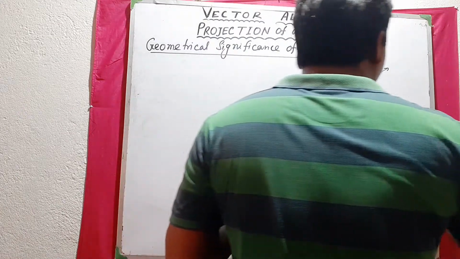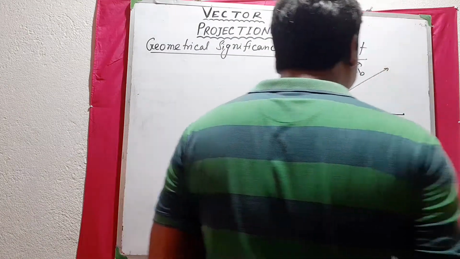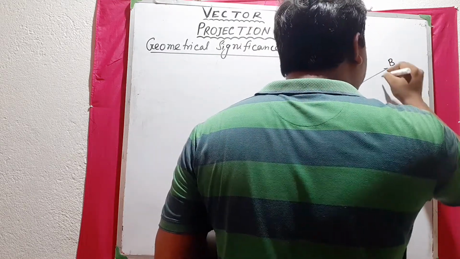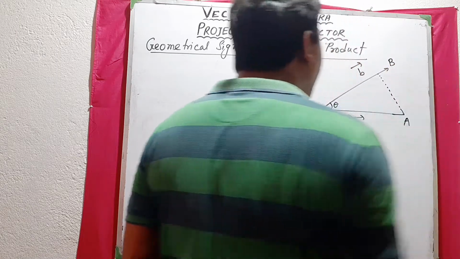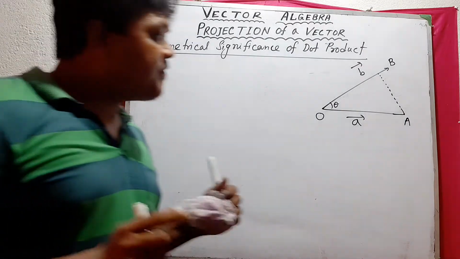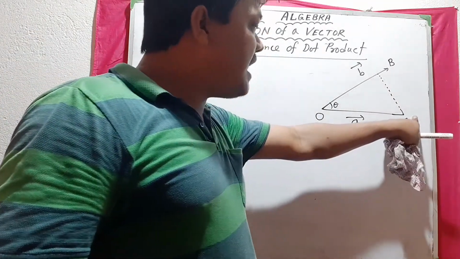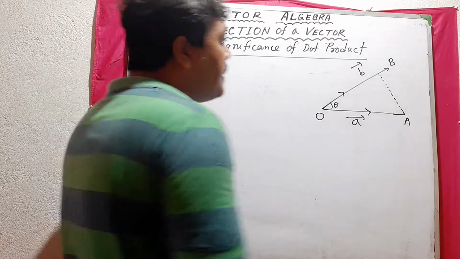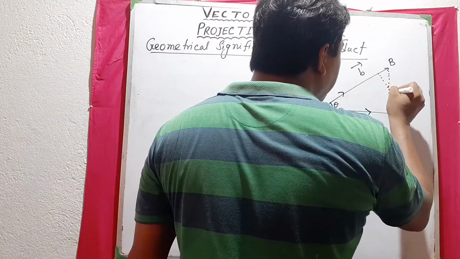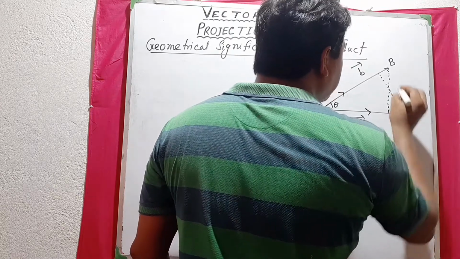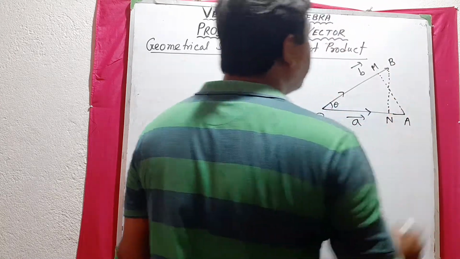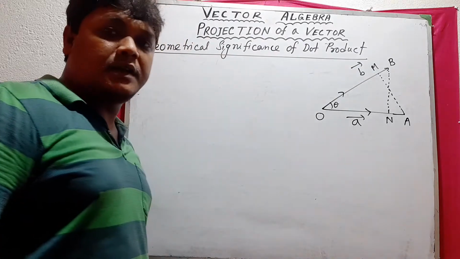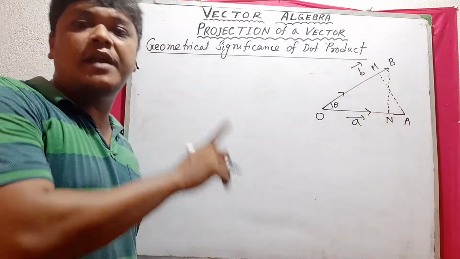Okay, we draw a perpendicular from, so this is O, A and this is B. We draw a perpendicular from the point A on the vector B. That means we drew a perpendicular from the terminal point A of vector A onto vector B. Similarly, from vector B we drew a perpendicular onto vector A. So this is my M, this is my N. So AM and BN are the perpendiculars from the points A and B respectively on the vectors B and A respectively.